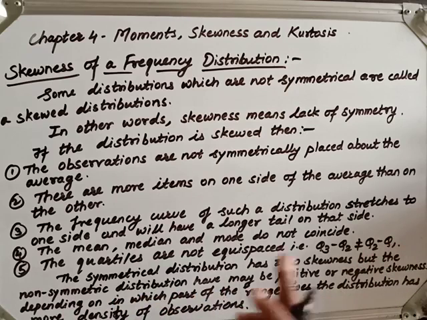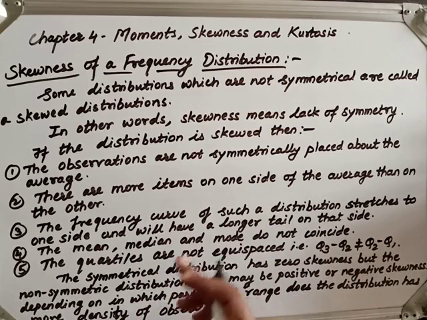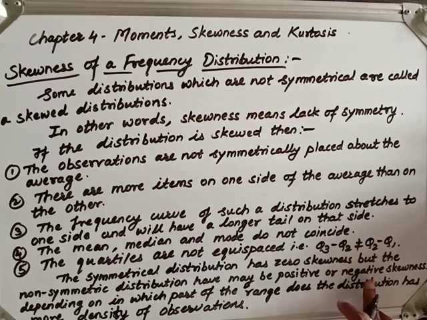So the tail of the distribution in the positive case is towards the right, while in the negative case it is towards the left. We will see that in the next video: what is positive skewness and what is negative skewness.